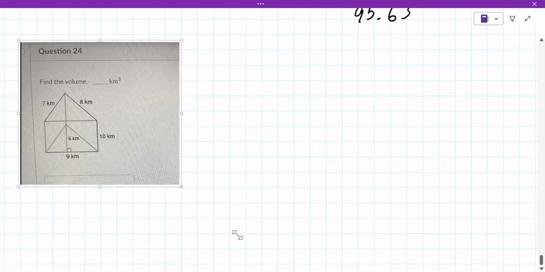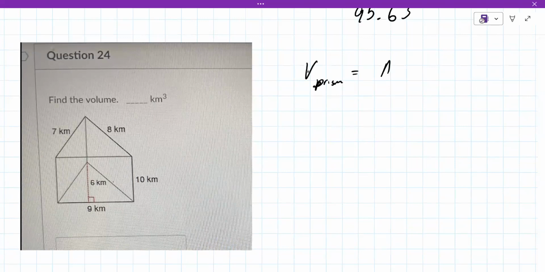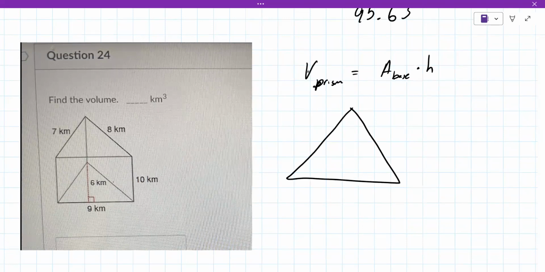Right, so the volume of a prism, and that's what we have here. It's a triangular prism. The base is a triangle. The volume of a prism is always the area of the base times the height. So in this case, your base is a triangle. It's got a base dimension of 9 and a height of 6. What is the area of that triangle? 54.